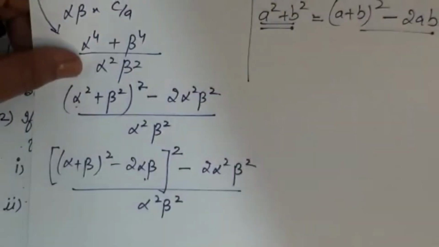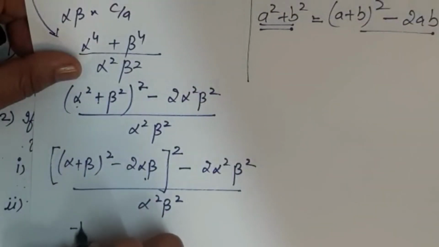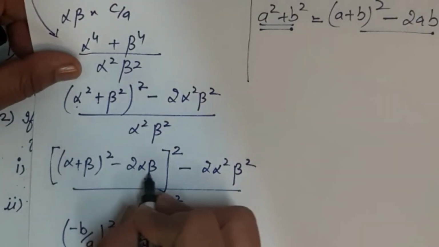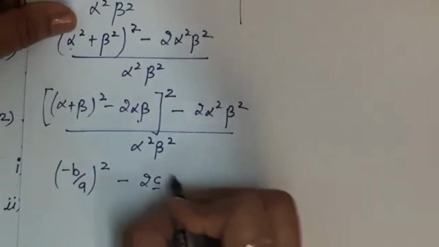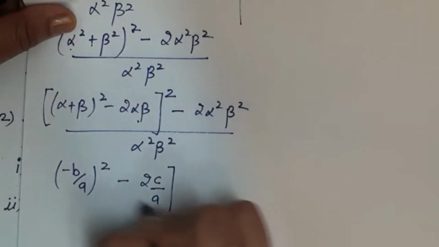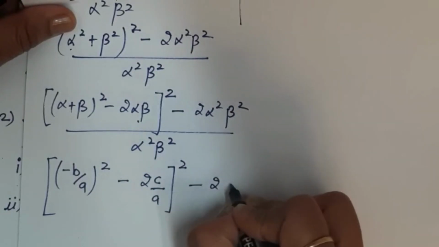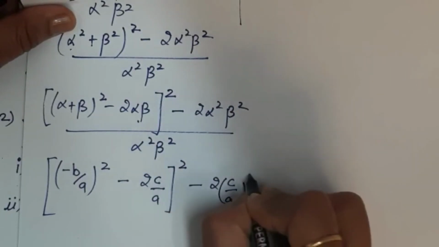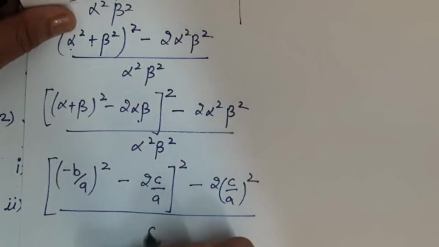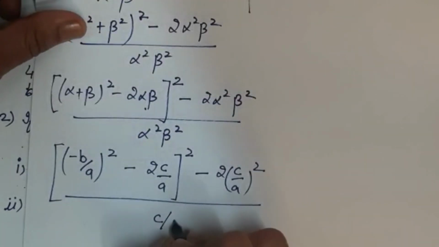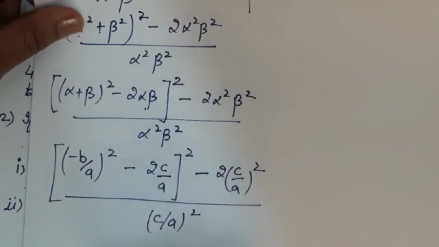Okay, now put the values. Alpha plus beta is minus b upon a whole square, minus 2 alpha beta is c upon a. Okay, now whole square, minus 2 c upon a, whole square upon c upon a whole square.